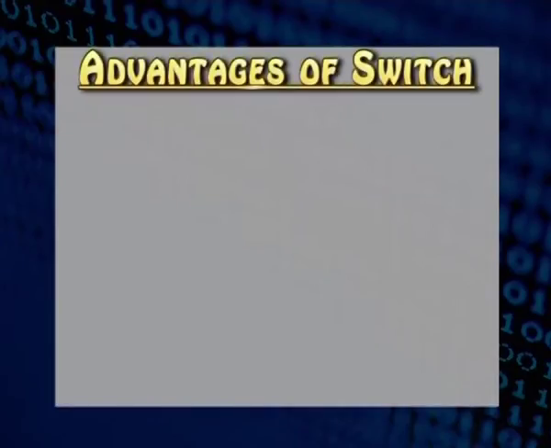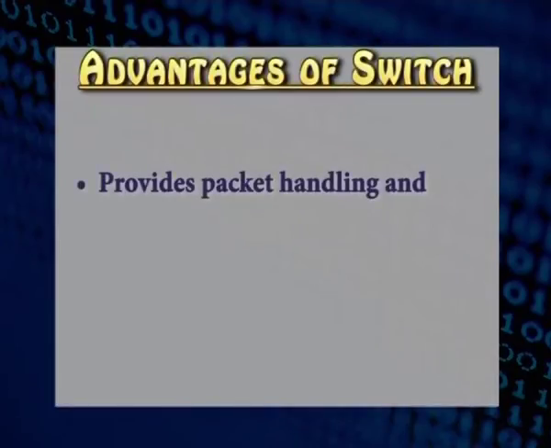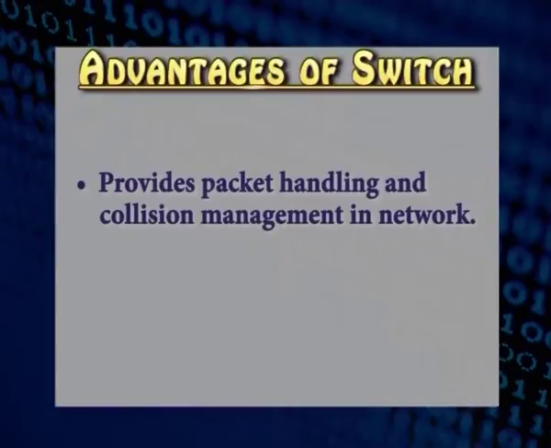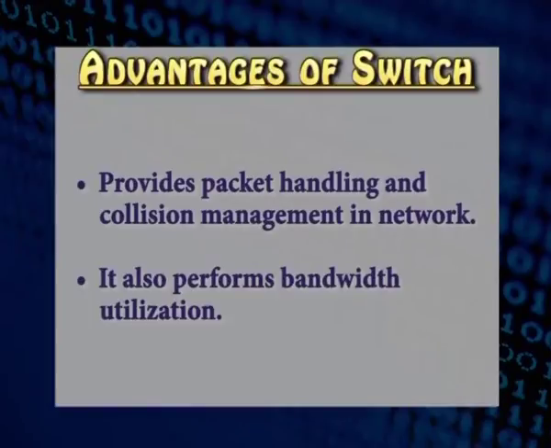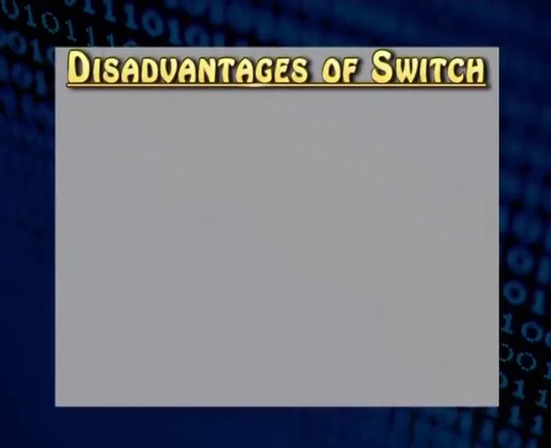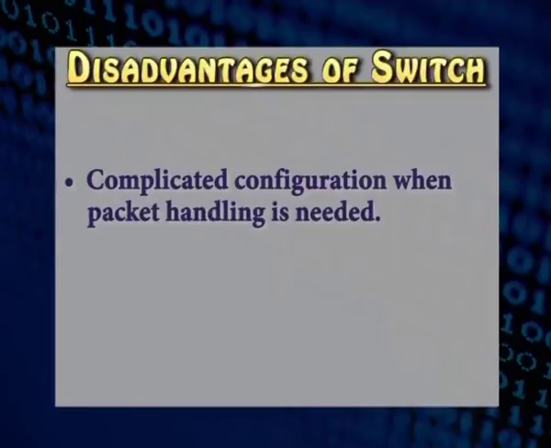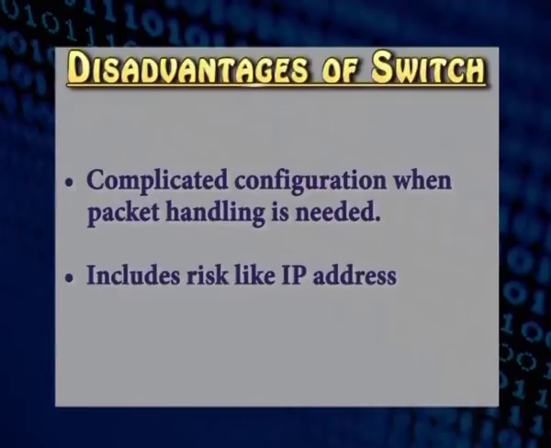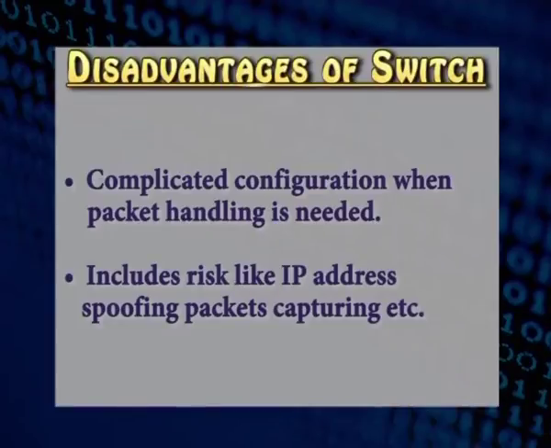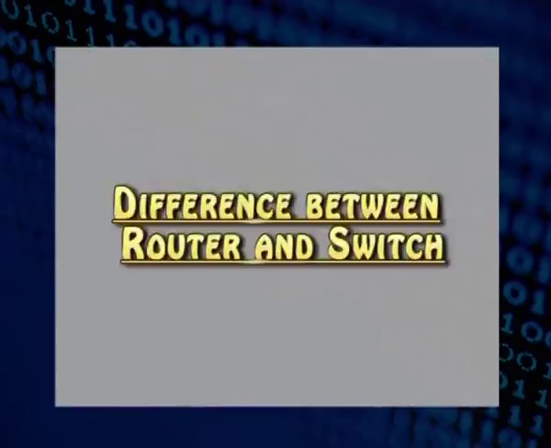Advantages of a switch: they provide packet handling and collision management in the network. It also performs bandwidth utilization. Disadvantages of a switch: they have complicated configurations when packet handling is needed, including risks like IP address spoofing, packet capturing, etc. Difference between router and switch.